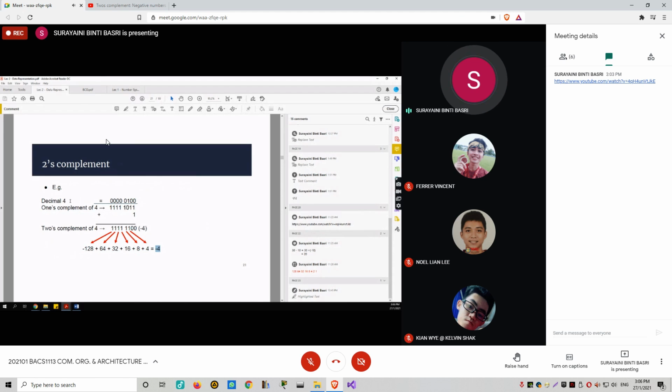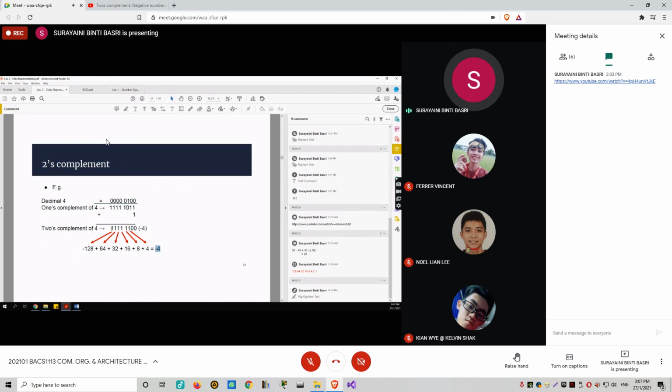So this is how it should be. When you have a positive number and you apply the 2 complement method to this number, you will get its negative binary.